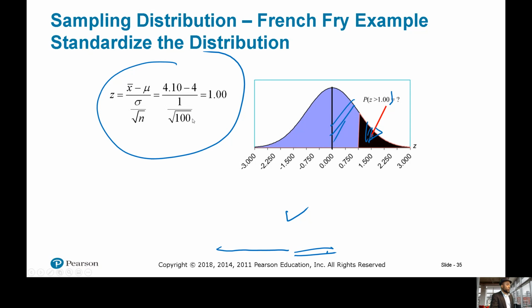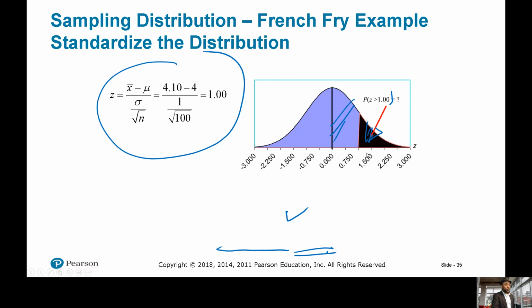The square root of 100 is 10, and 4.1 minus 4 is 0.1, so 10 times 0.1 gives you 1. We did that in the previous video.